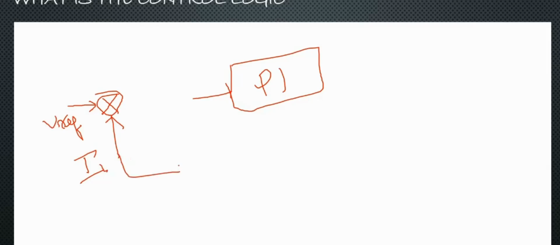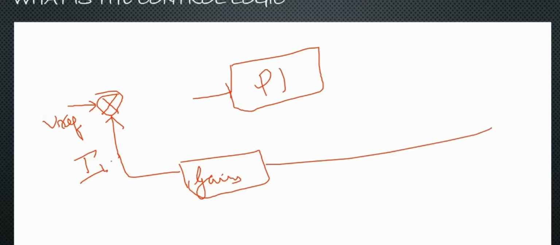So there will be a gain block, and whatever is the error goes into the PI block, and the PI block tells me which switch is supposed to be switched, Q1 or Q2, and for how much of a duty.